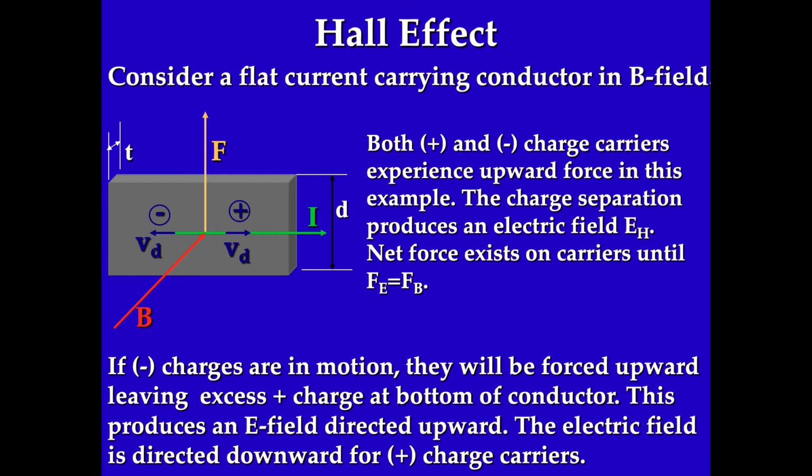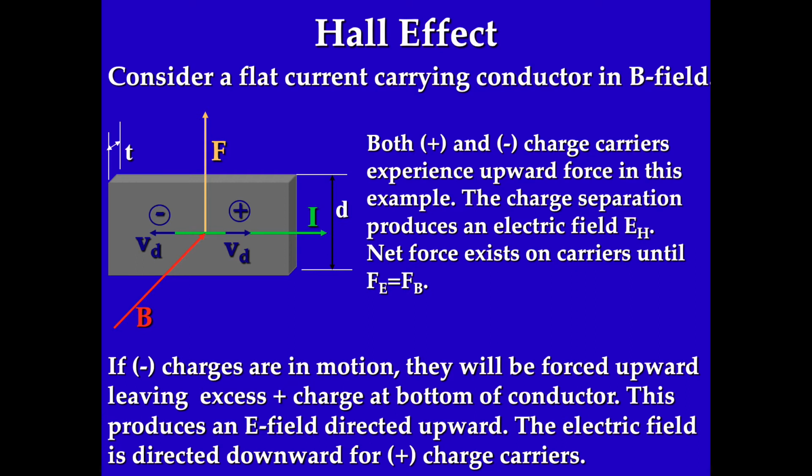Because of this effect on the electric field, you can use the Hall effect to determine whether it's electrons or positive charges that are moving in a wire, in a circuit. And it was the Hall effect that allowed us to determine that it's electrons that are moving in a wire in a circuit.